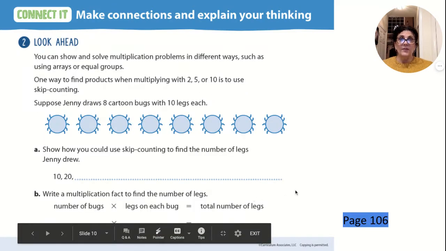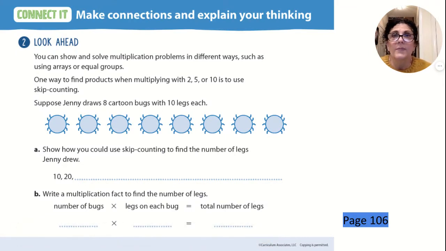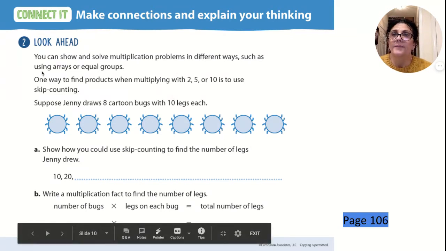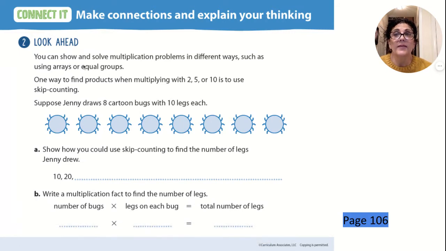Okay, still on page 106, now we're under the connected section, and this is make connections and explain your thinking. Number 2, look ahead. You can show and solve multiplication problems in different ways, such as using arrays or equal groups. One way to find products when multiplying with 2, 5, or 10 is to use skip counting.